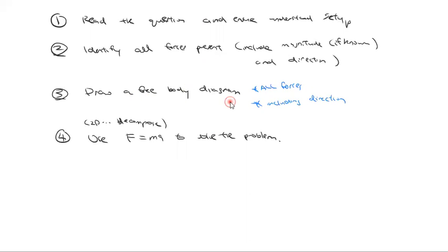Then draw your free body diagram indicating every single force acting on the object, including the direction. Right now, it's only 1D, so we don't need to worry about decomposition just yet. And then use F equals ma to analyze it. That is exactly how you would do every single type of question in this topic.